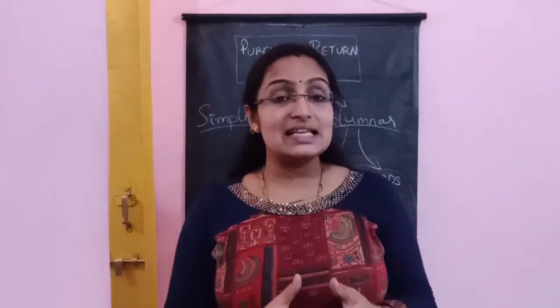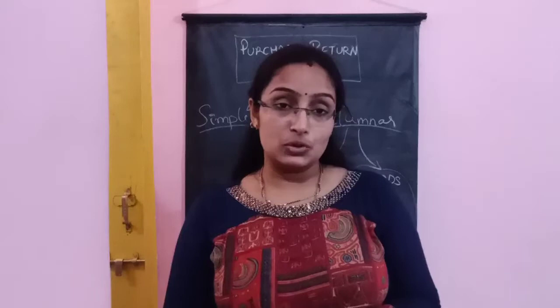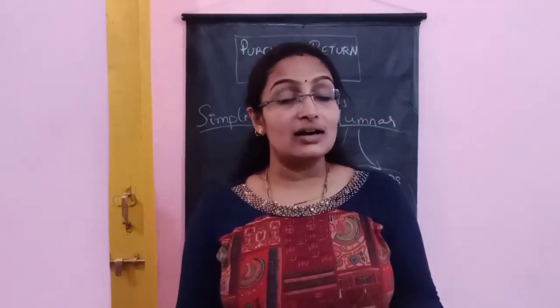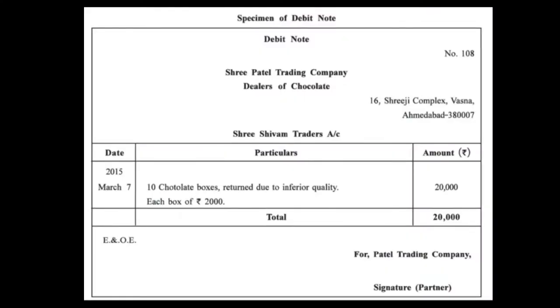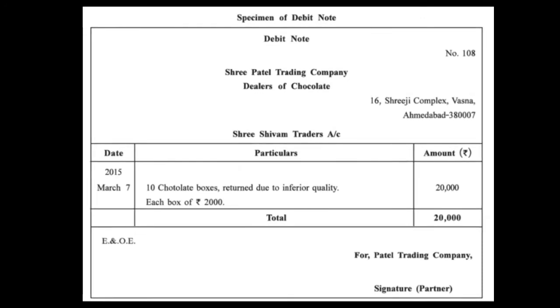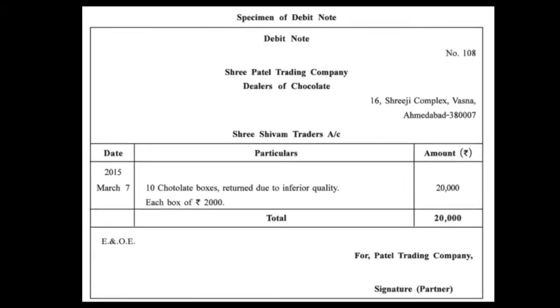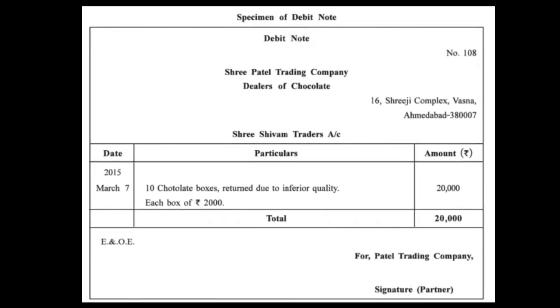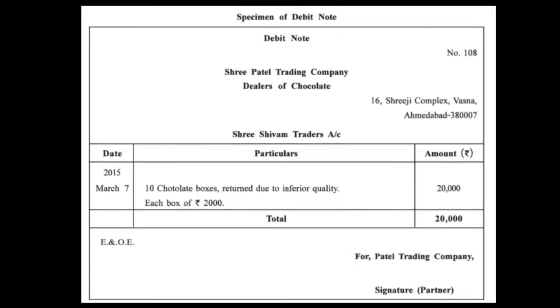Now let's see the specimen of the debit note which we send to our trader. Here is a specimen of debit note. When goods purchased on credit are returned to the supplier, the note sent to the supplier to claim the rebate of the returned goods is known as a debit note.